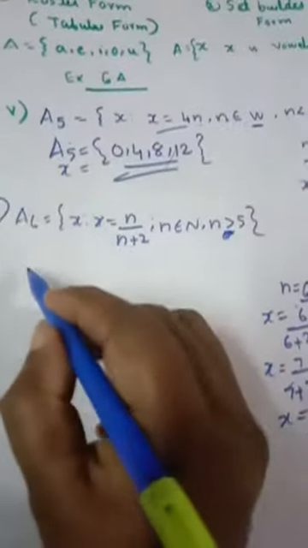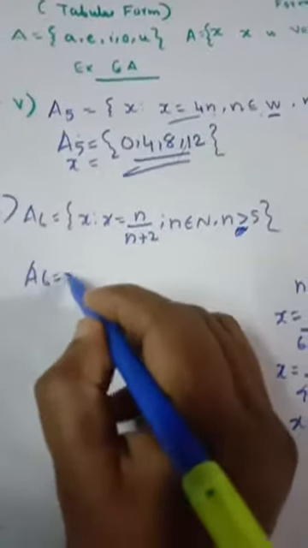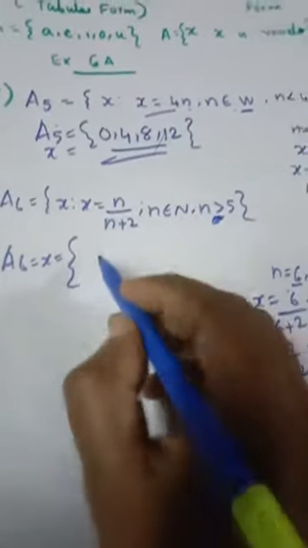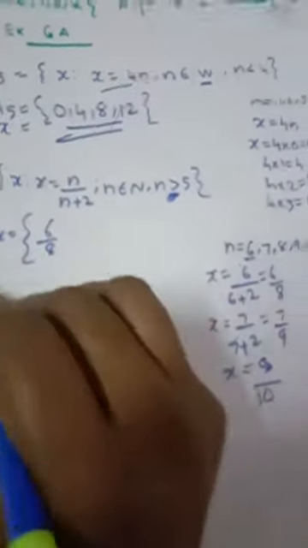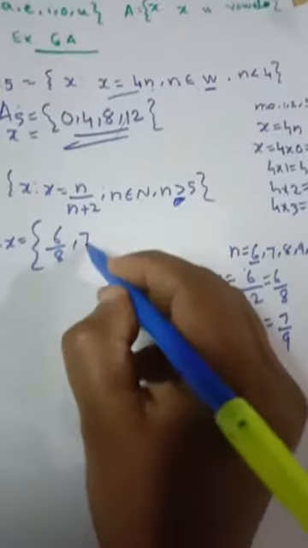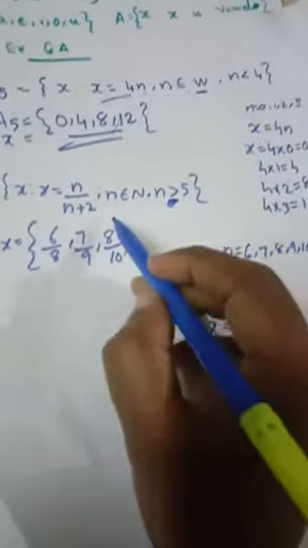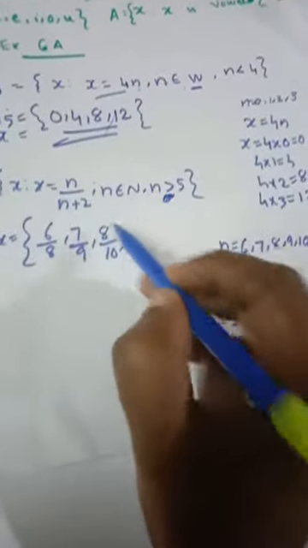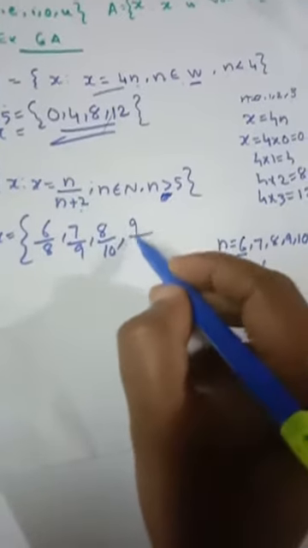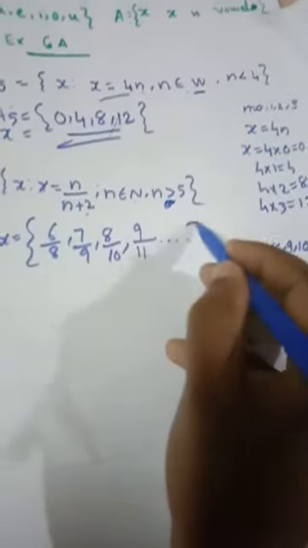So A6 or x is equal to 6 by 8, 7 by 9, 8 by 10. Then 9 by 9 plus 2, 9 by 11, etc.